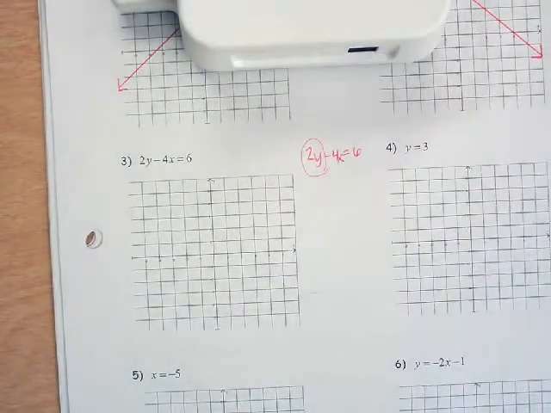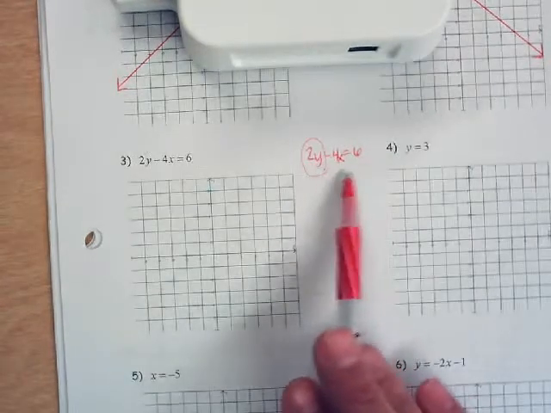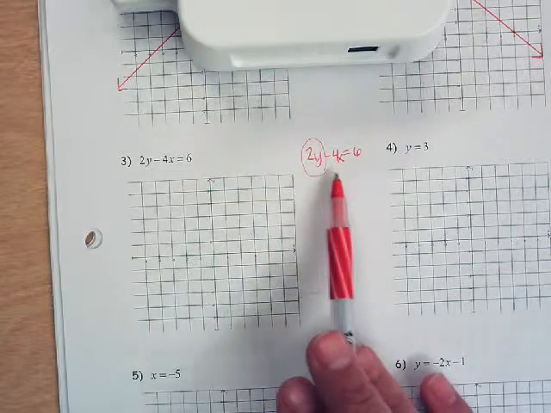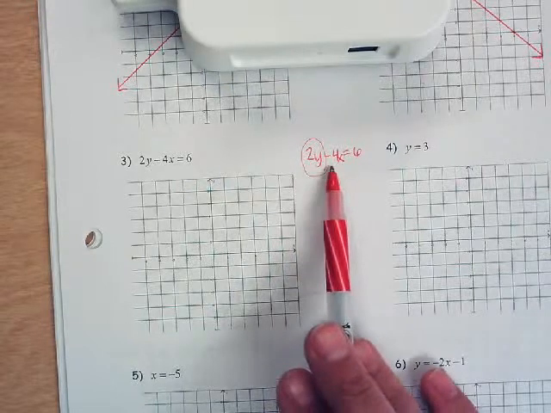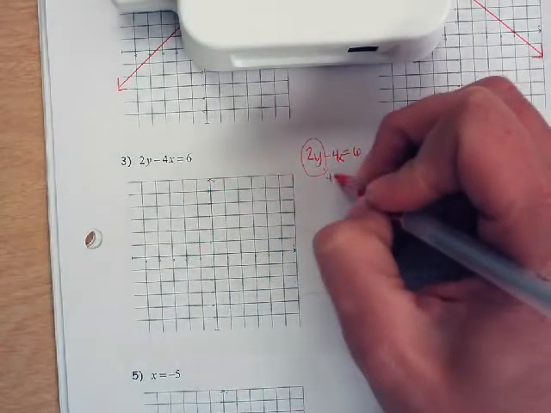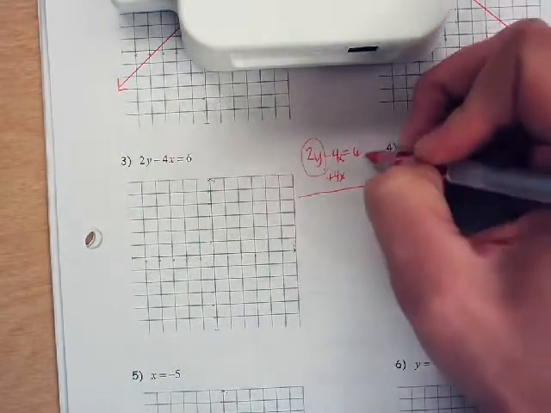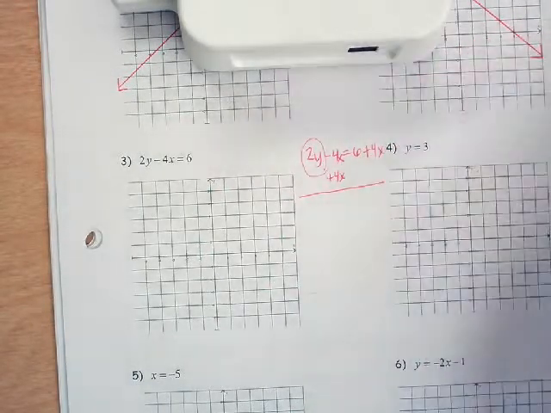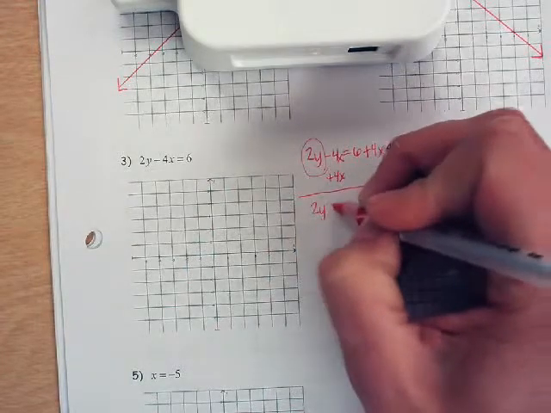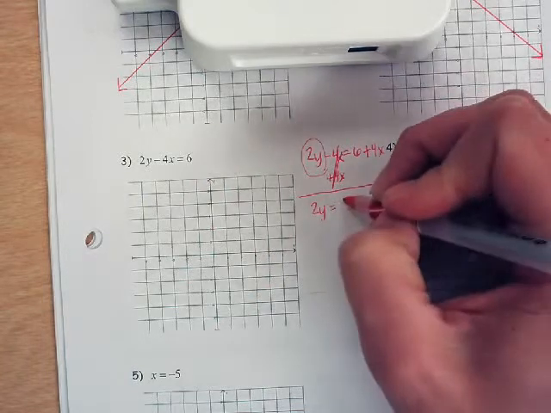That's what I'm trying to get by itself. So anything outside the circle right now is going to be added or subtracted to the other side. Since I have a negative 4x, I'm going to do the opposite of subtracting 4x, and I'm going to add 4x. But I can't add 4x to 6, so I just have to write it to the side of it. So on this side, I have 2y, I didn't do anything to that, equals, those two cancel out, 6 plus 4x. And I can just leave that as 6 plus 4x, because I can't combine.